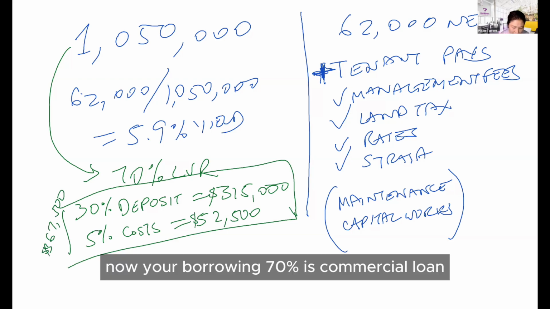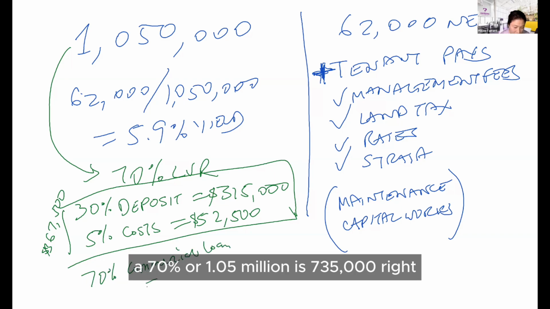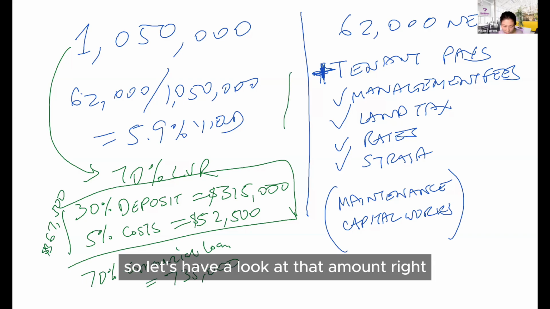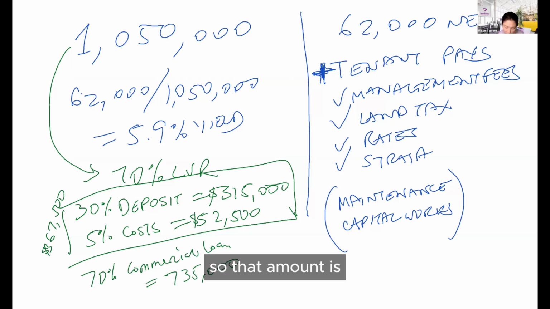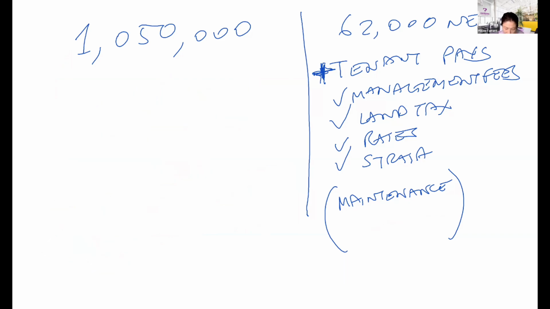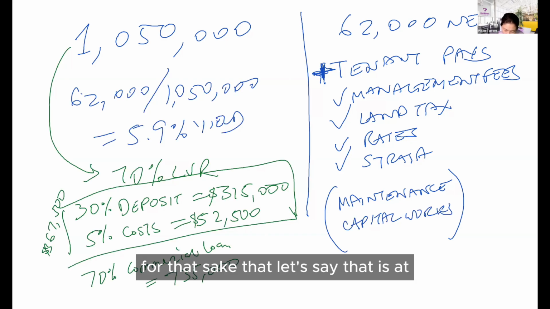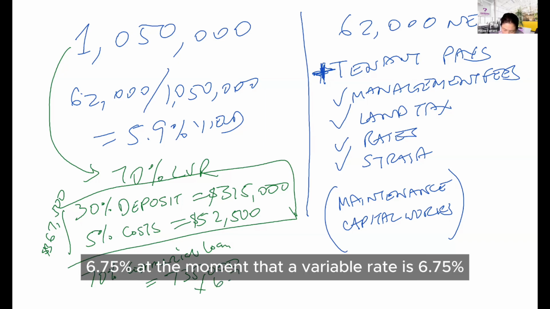Now you're borrowing 70% as a commercial loan. 70% of 1,050,000 is 735,000. So that's what you're borrowing, right? So let's have a look at that amount. Let's say that is at 6.75%.